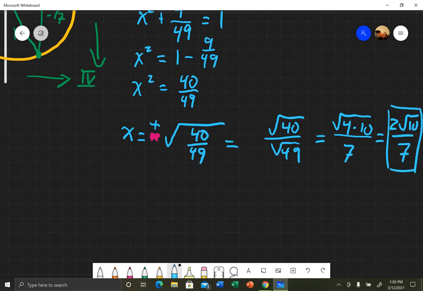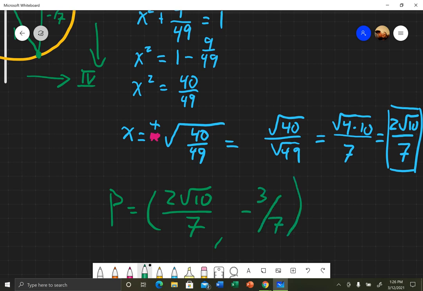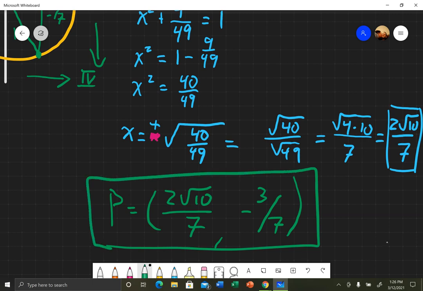So if we were looking for it in simplest terms, we get x is equal to positive 2 times the square root of 10 over 7. And so my final answer, my final point, P, lies at the point (2 square root of 10 over 7, -3/7). And there you got it.